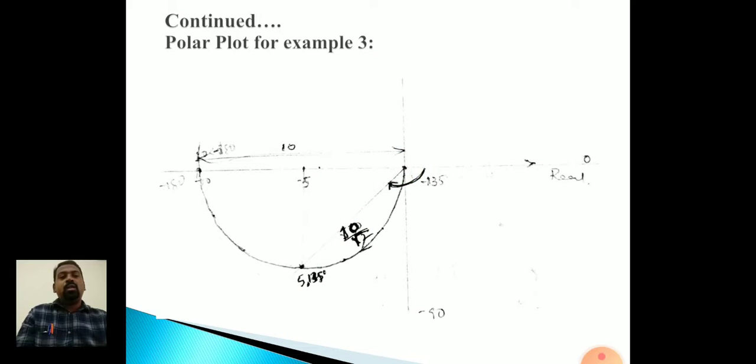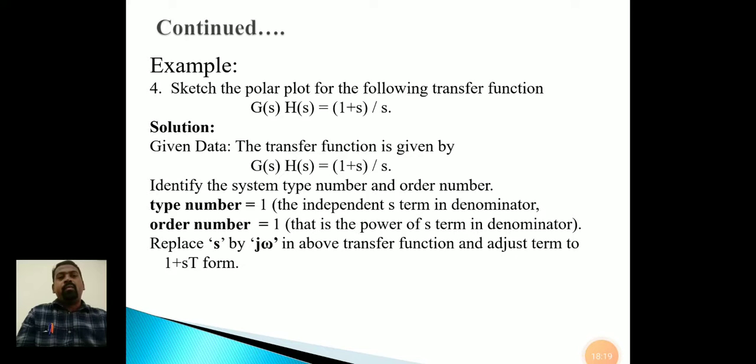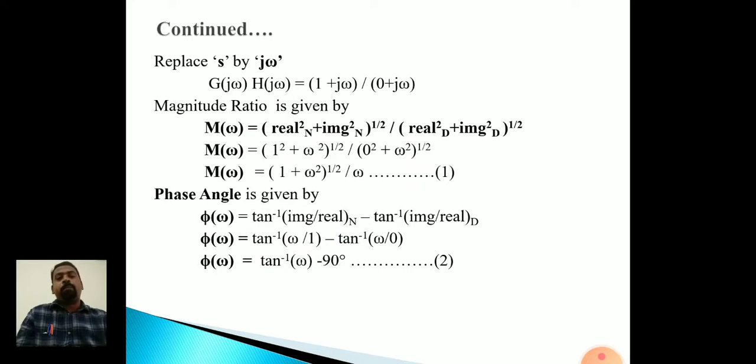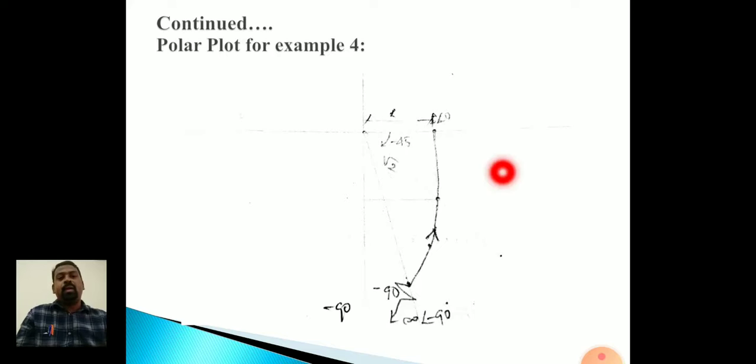But look at the other example, the transfer function 1 plus s by s. The type number is 1 and the order number is also 1, so type number and order number are both the same. How does the curve look? Starting from theta equal to 0, m omega is 1 unit, and at theta equal to minus 90, m omega is infinity. It will end at infinity.